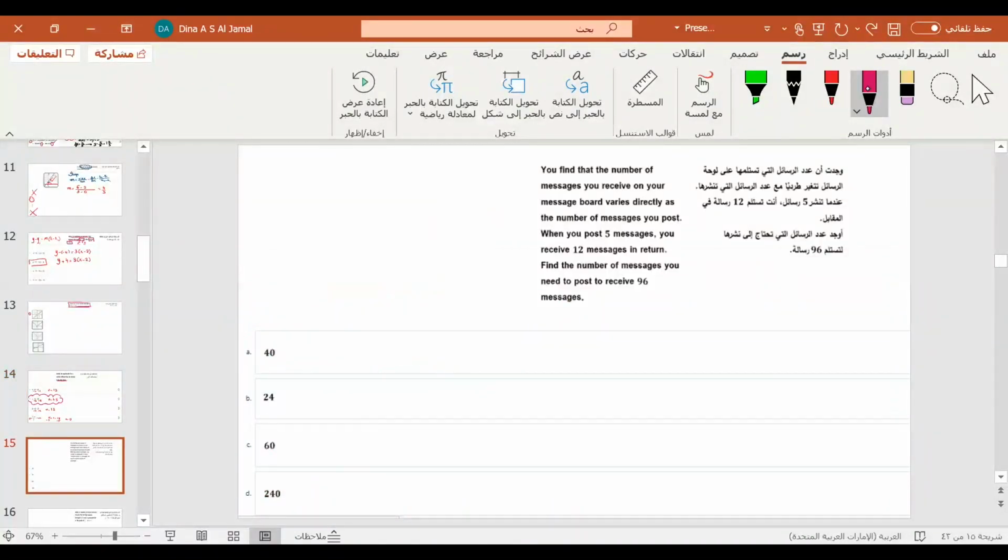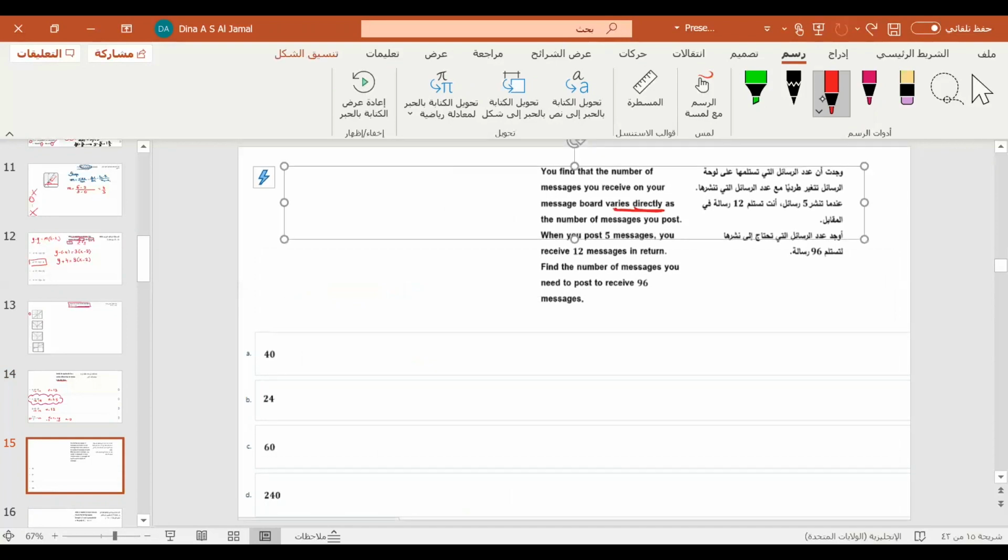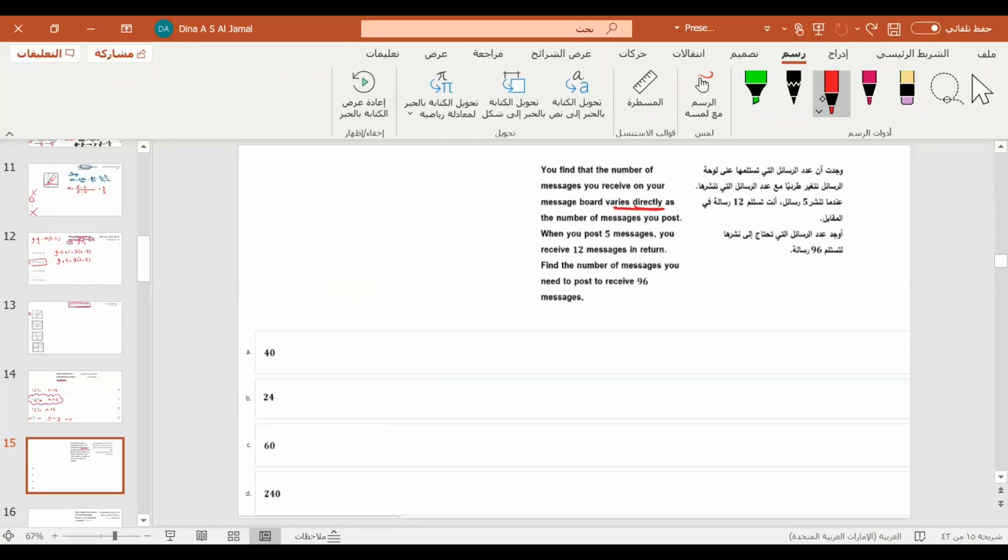Now let's focus on this question. So this question will be telling you about the direct variation questions. So you have to remember that whenever he will be telling you varies directly, once you read the question and you see this word, you have to understand directly that you need to use y equal kx.